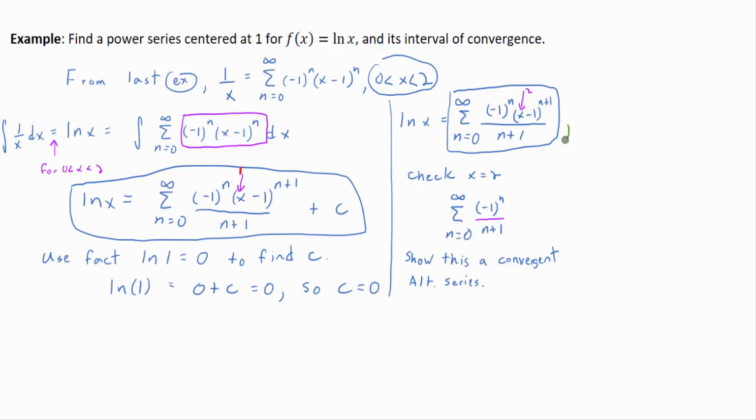In this case, since this power series is a representation of a function, the interval of convergence is the same as the domain of that function. The domain is the set of all values you're allowed to plug into the function. So what's it going to be between? 0 and 2, 0 not included. There you go. Just like that. Okay, so the full answer would be this.